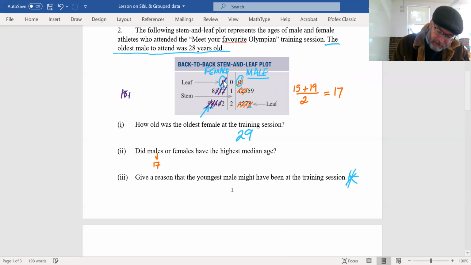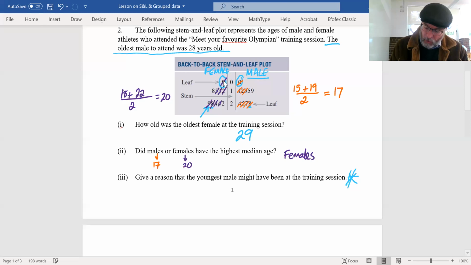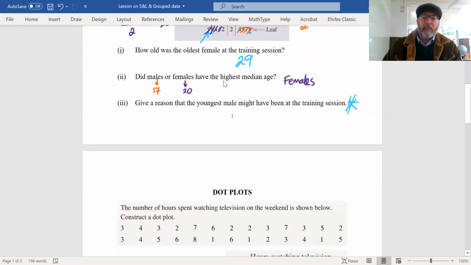There's an 18 and there's a 22. Well, you average those out and you get 20. So, do the males or females have the highest median age? Females did, right, with 20. And we've already said the youngest male is probably a baby that had to go along with somebody there.